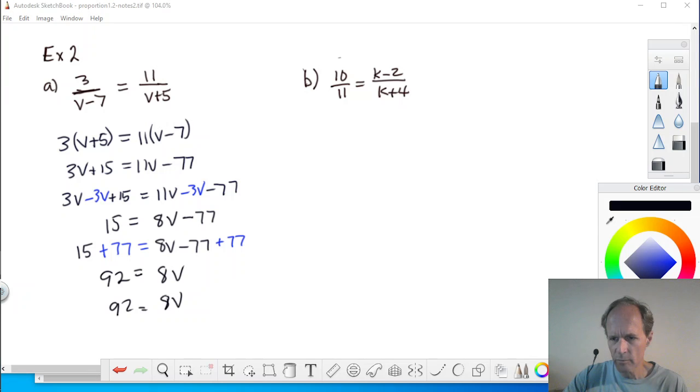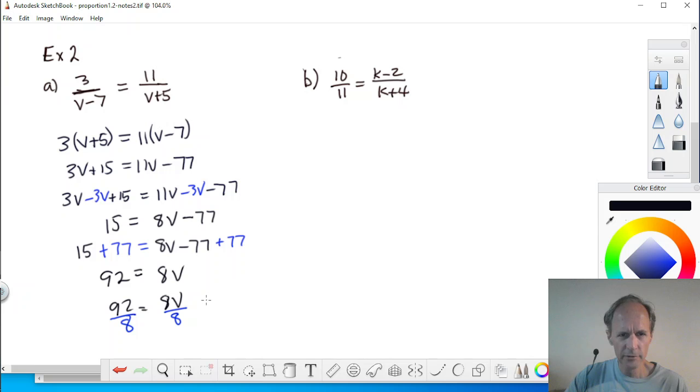Make this a little more blue. Okay, so 92 divided by 8. That's our answer. But we have to reduce it to lowest terms, right? And I didn't plan real well.